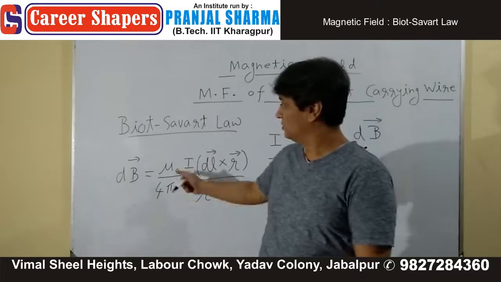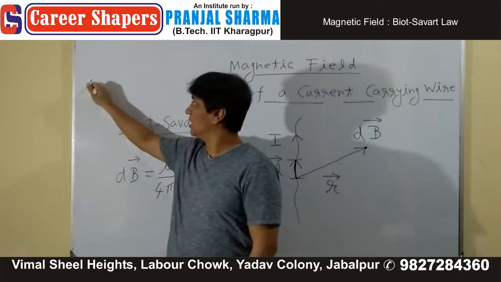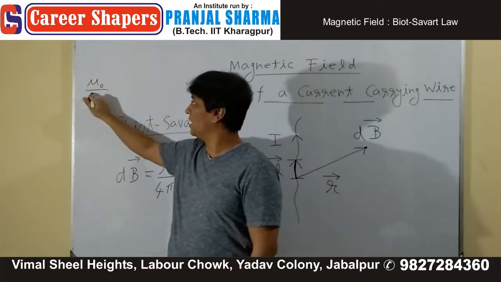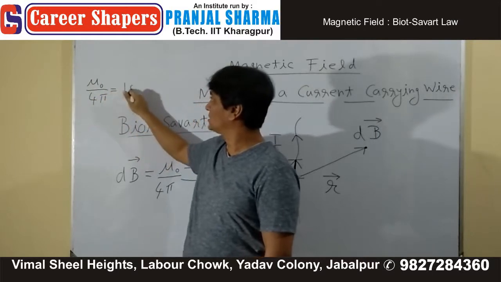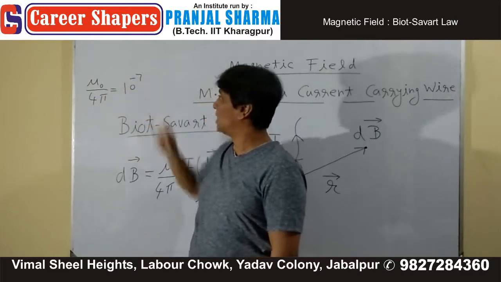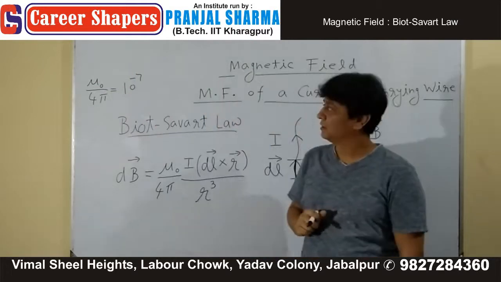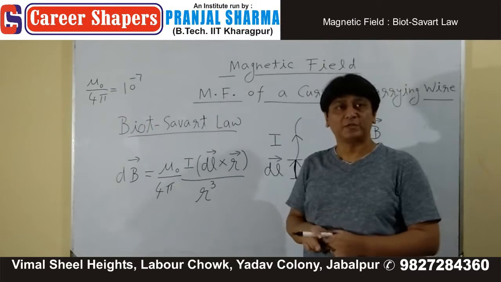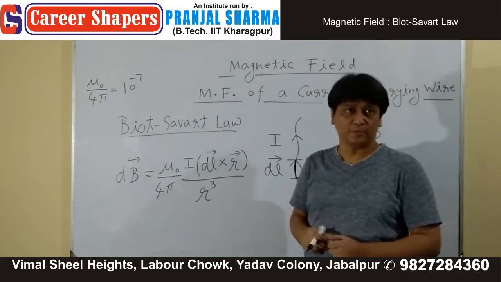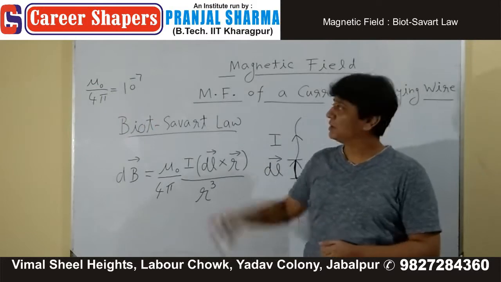Mu naught upon 4 pi, its value is 10 to the power minus 7. In electrostatics, we were discussing epsilon naught, which had a name: permittivity of vacuum.